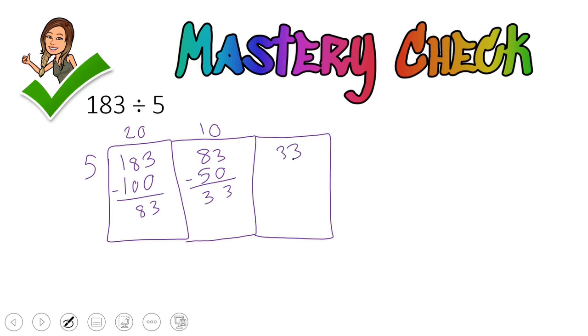I know 5 times 6 is 30. So 33 minus 30 is 3. And 3 is smaller than 5, so I'm done. There. Now I just need to add up all my top numbers here. 20 plus 10 is 30. 30 plus 6 is 36, with remainder 3.